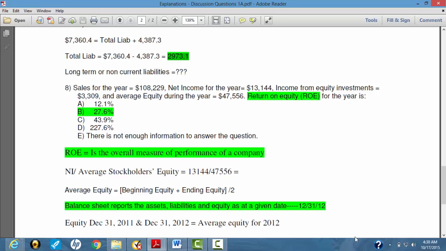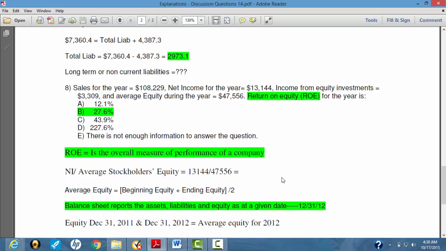Now, return on equity is the overall measure of performance of a company when we look at the shareholder and the shareholders' return. So from the perspective of the shareholder, return on equity is the amount of profit for every dollar invested in the company.